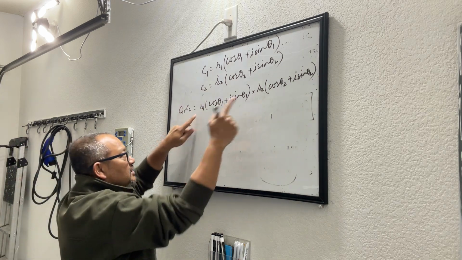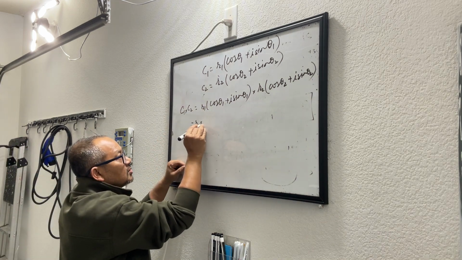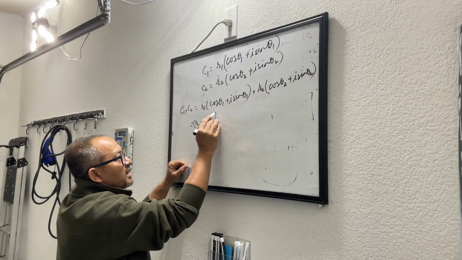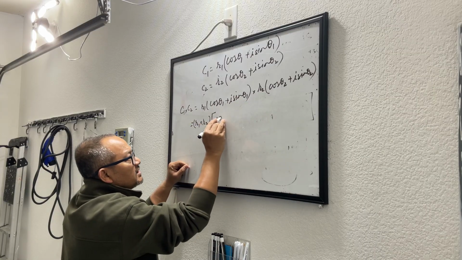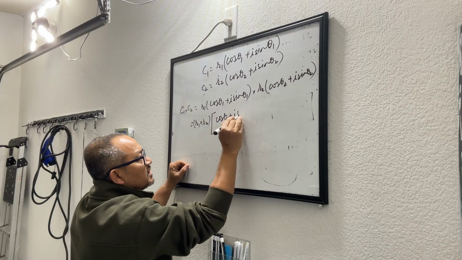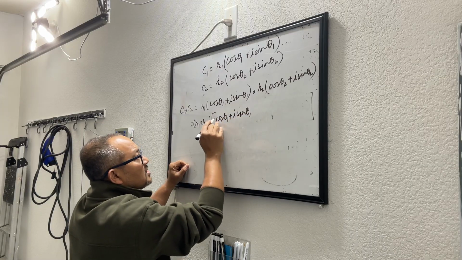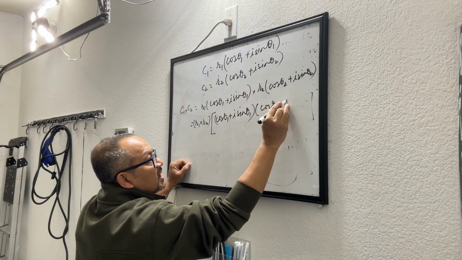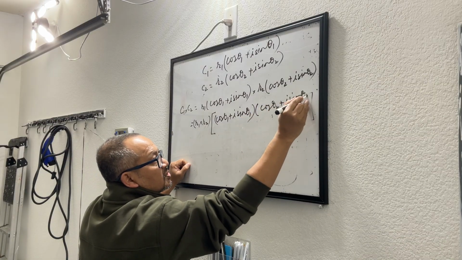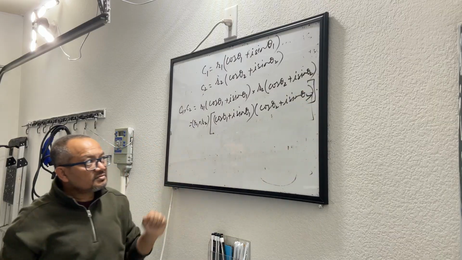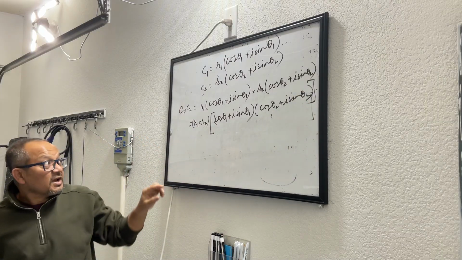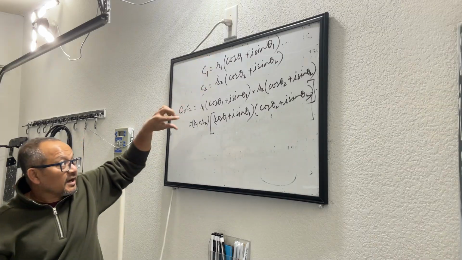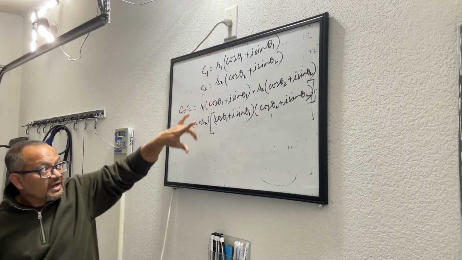These two are constants, so R1 into R2 we can keep outside, and then inside, cos theta 1 plus I sine theta 1 times cos theta 2 plus I sine theta 2. Yeah, so far it's okay. At least the first part, the magnitudes of both getting multiplied, seems to be okay.